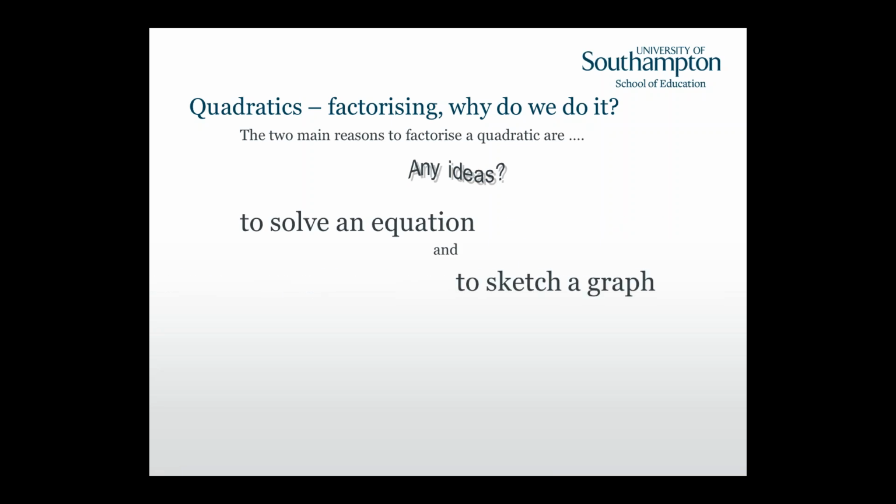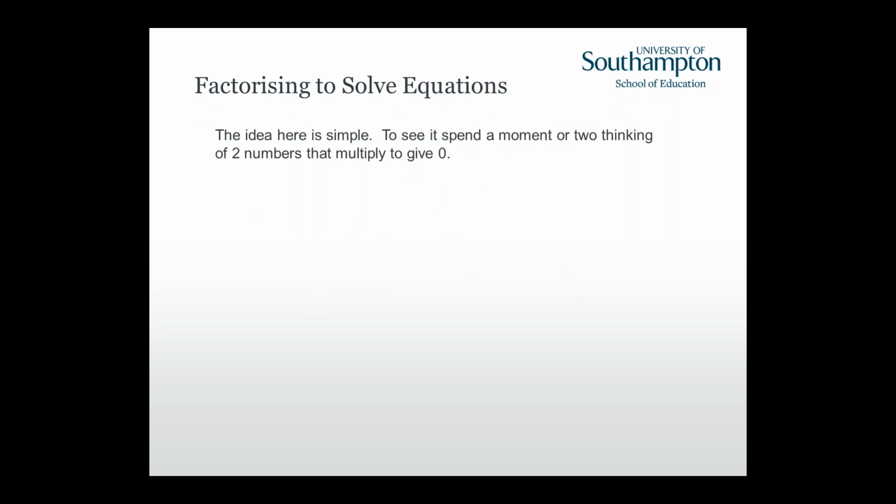So we solve an equation and sketch a graph. So that's basically what you were saying. So solving an equation, the idea is simple. Think about two numbers that multiply to give 0. In order to do that, one of those has to be 0 itself, because anything else multiplied together won't give you 0.